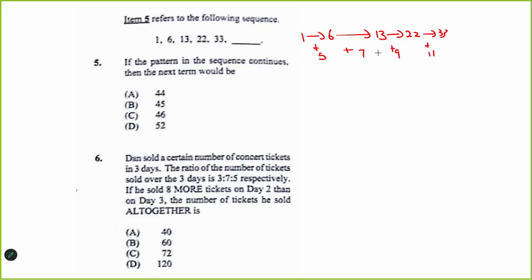If we look at the numbers that we're adding, you can see they are odd numbers, right? Or it increases by 2. From 5 to 7, you add 2. From 7 to 9, you add 2. From 9 to 11, you add 2. So we know that the next number that we would have to add is 13, the next odd number after 11. 13 plus 33 is 46. So the answer would be C.